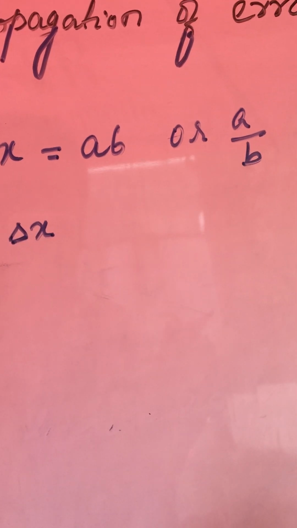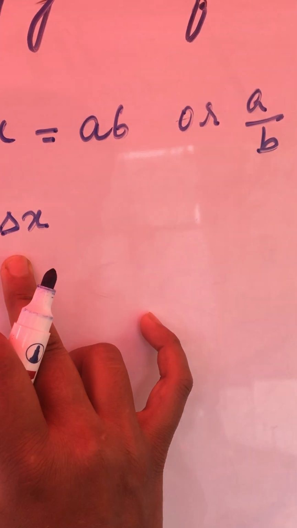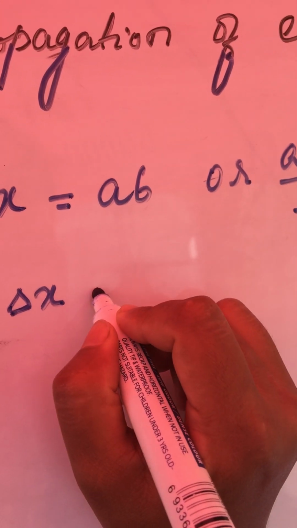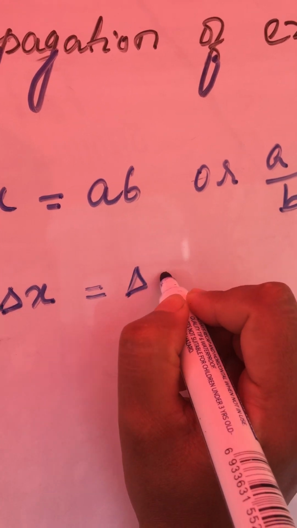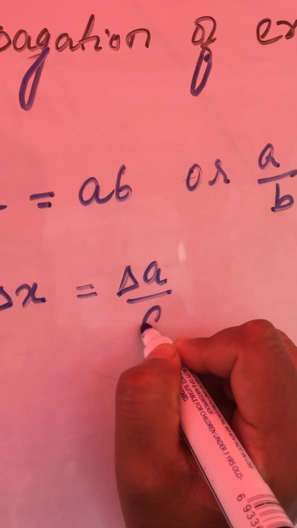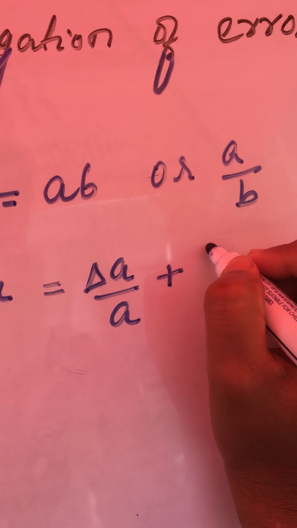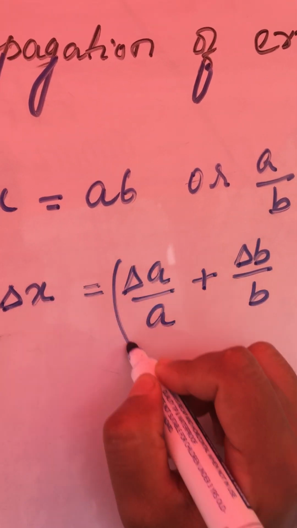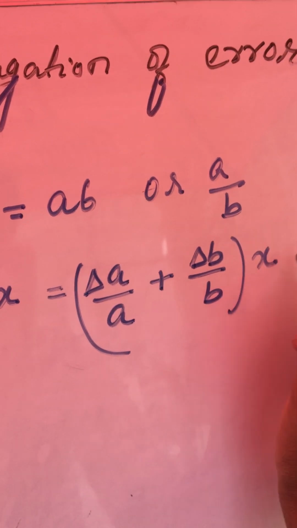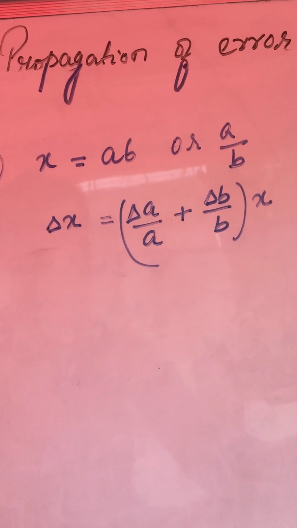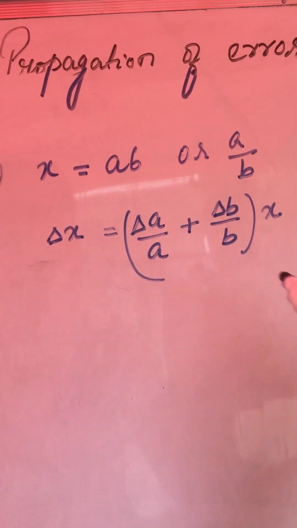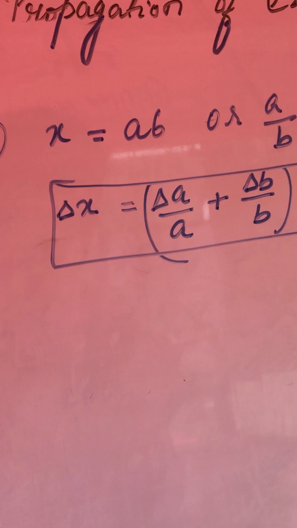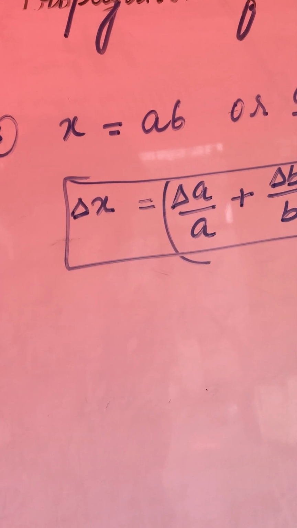You need to know how to apply it. The absolute error is the relative error of A plus the relative error of B, into X. This is the one. Could you remember it? You need to remember it, student.